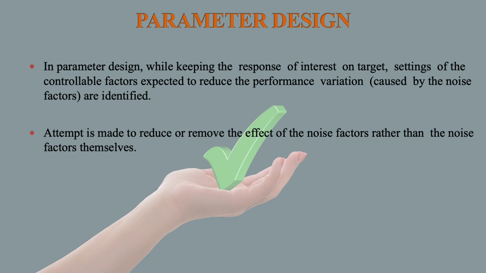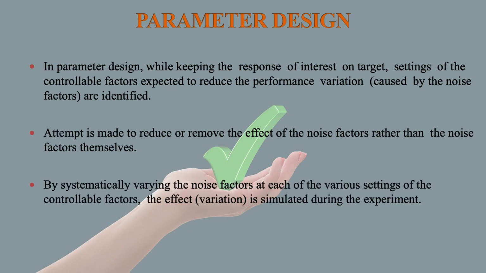An attempt is made to reduce or remove the effect of the noise factors rather than the noise factors themselves by systematically varying the noise factors at each of the various settings of the controllable factors. The effect of variation is simulated during the experiment.